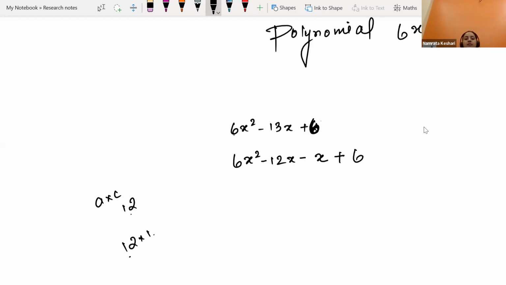Yes, getting it? 6x we will take common. Remaining will be 6 minus 2. Is it 6? It's not working, right? Wait. How can I take 6 into 6 as 12? It is 6 into 6 is 36. Wait, it's wrong.